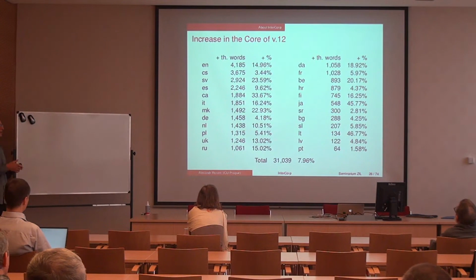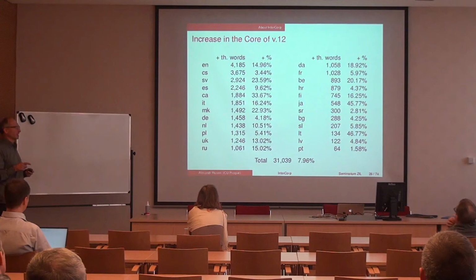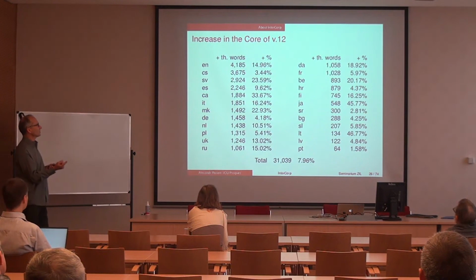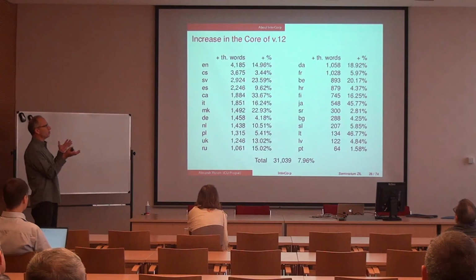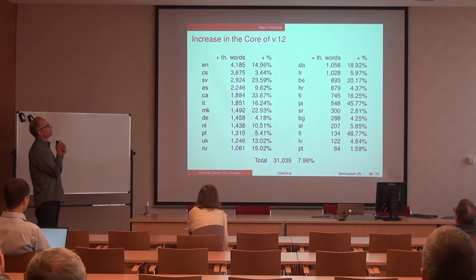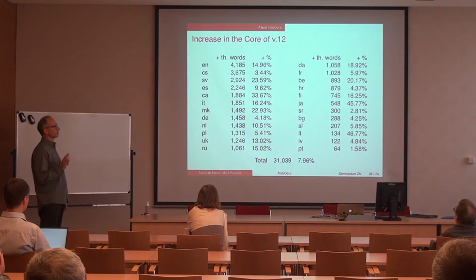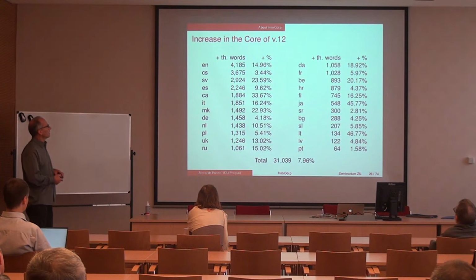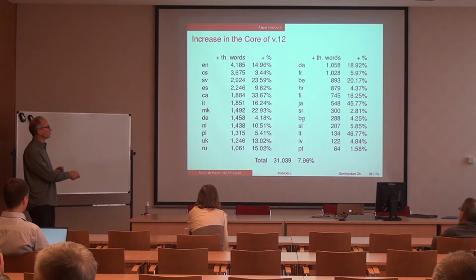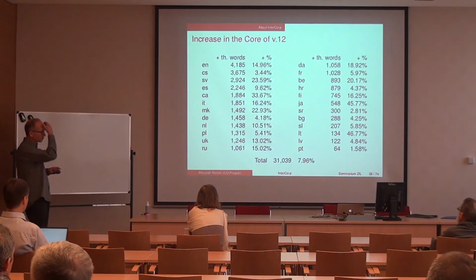Now, if you compare the version that is still not online, but will be very soon, with the previous version, how many more words do we have? For English, we have 4 million. English was doing very well in the most recent version. Czech, that's expected, and Polish, it's 1,300,000 words, so 5.5%, 1.4%.